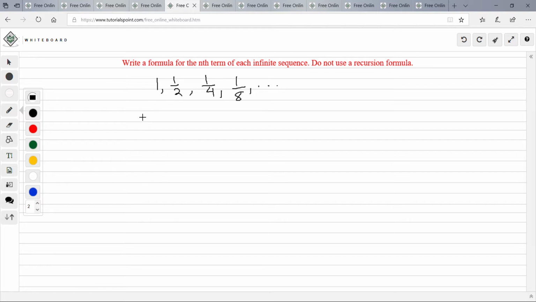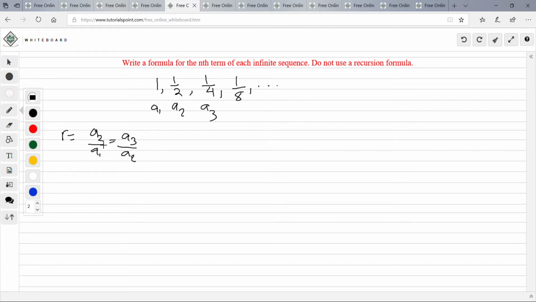So geometric must have a common ratio, right? Common ratio. So we'll call this A1, A2, A3. So the ratio should be A2 divided by A1, which should equal A3 over A2.